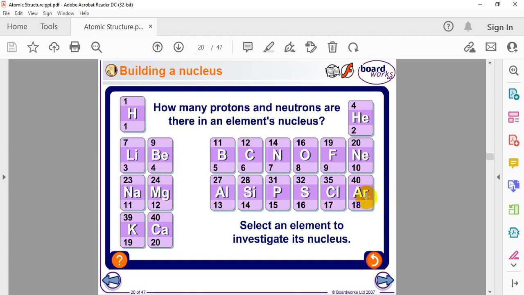The same way, if I give you the mass number of argon as 40 and the neutron number as 22, then 40 minus 22 gives me the proton number of 18.